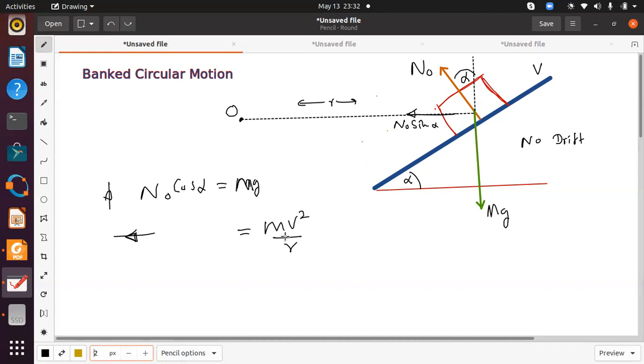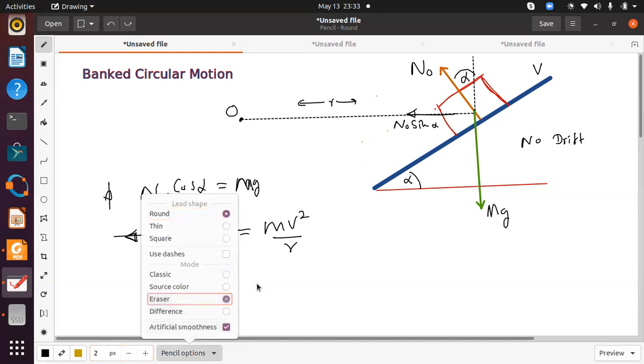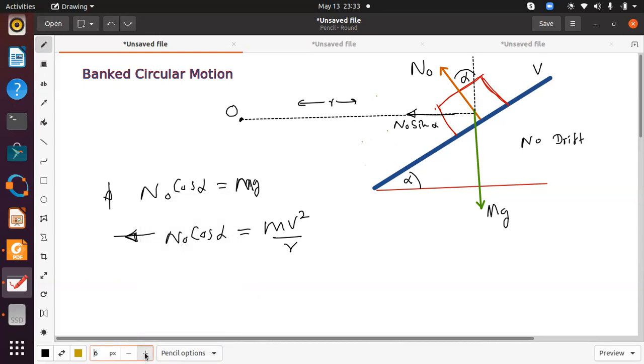This is the required force, and we're going to find whether this is enough. What is the design velocity for this component force? N naught sine alpha is the only force acting in the horizontal direction.